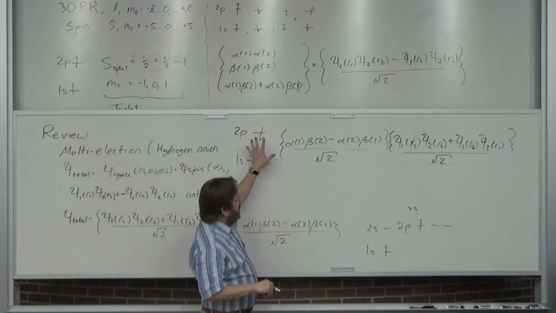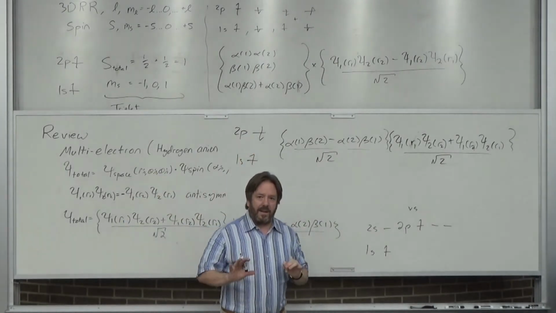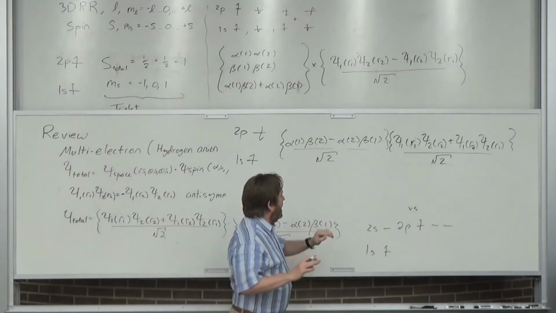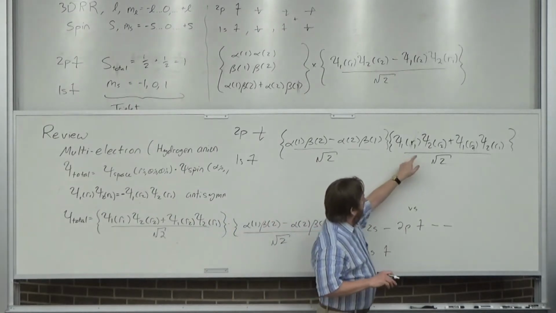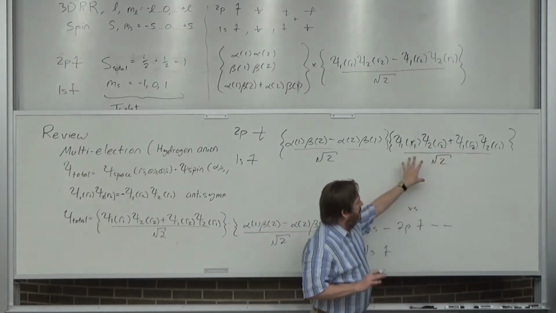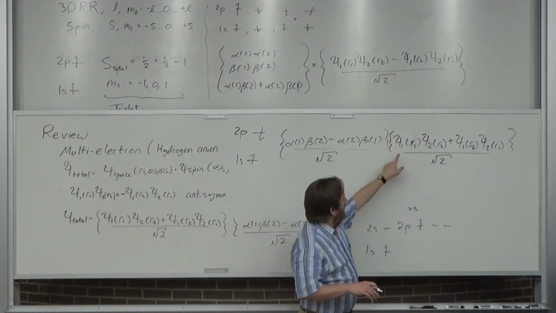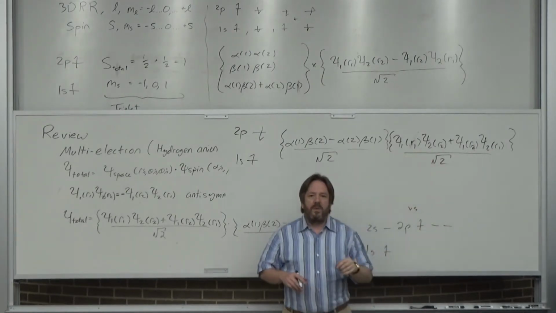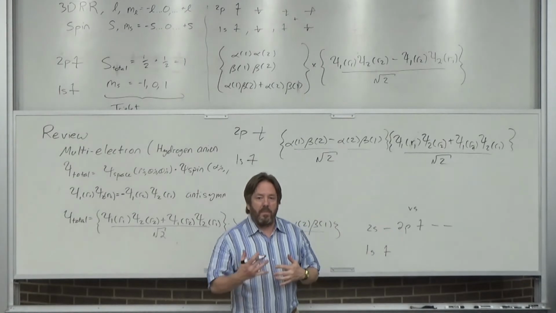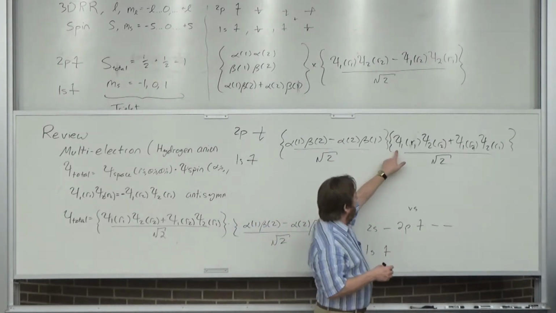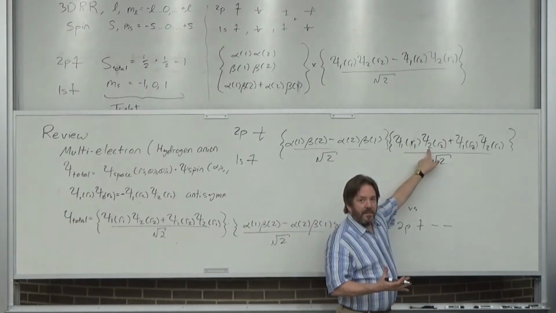So in this configuration, again, this is the excited state singlet. What's different is I still have this symmetric space part. It's just that psi 1 and psi 2 are not the same. They're not both 1s. This is a 1s, and that's like a 2pz, right?